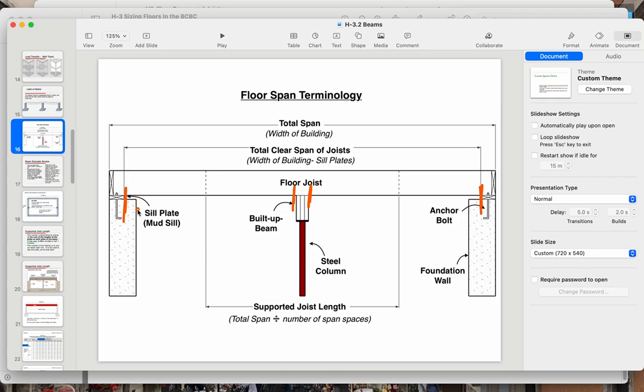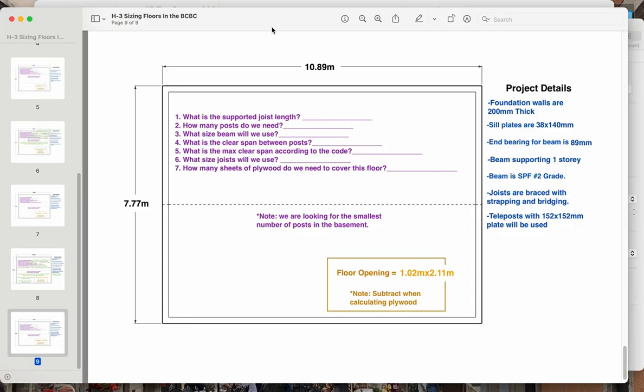So when we're calculating the clear span of our joists, if you want to be really specific, you can go from inside of mud sill to inside of beam, and inside of beam to inside of mud sill. I've noticed that this doesn't change too much unless you're really, really tight, you're very close with something. So normally what I do is go inside of mud sill to inside of mud sill, but let's be specific here just for the sake of covering all of our bases.